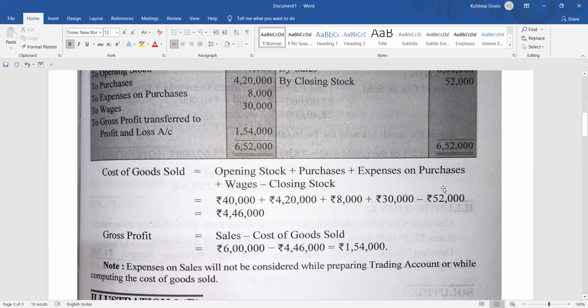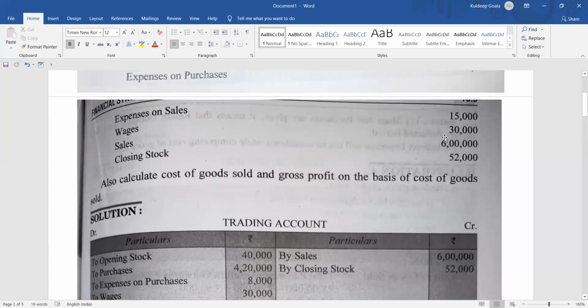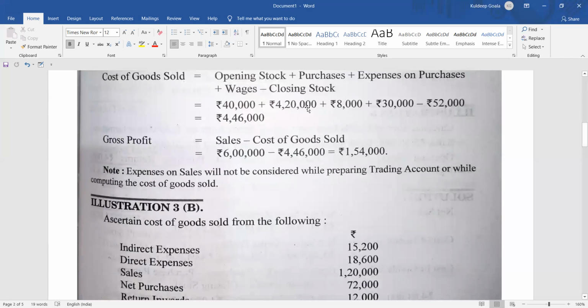Selling price, that is the sales, minus the cost price, that is the cost of goods sold, that is 6 lakh minus 4,46,000. How come we have got 6 lakh? In the question we can see sales were given 6 lakh. So 6 lakh minus the cost of goods sold that we calculated just now, 4,46,000. We are getting 1,54,000.